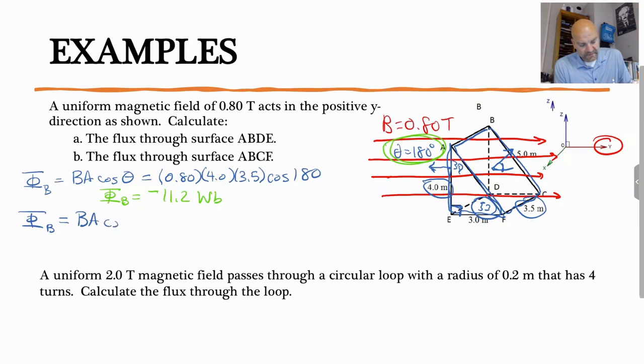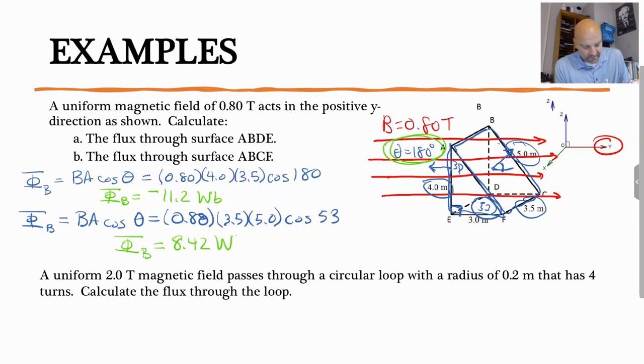So phi B is equal to BA cosine theta. It's the same amount of magnetic field. Now my area is 3.5 times 5, because it's our front surface. So 3.5 times 5.0 times cosine 53. Plug that into our calculator, and we find a magnetic flux of 8.42 Webers.